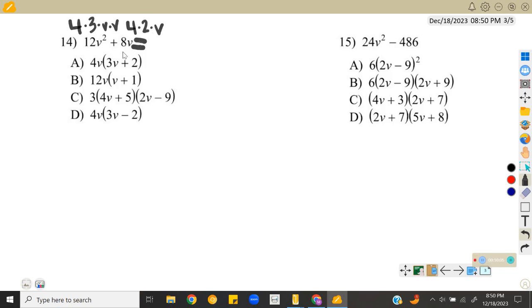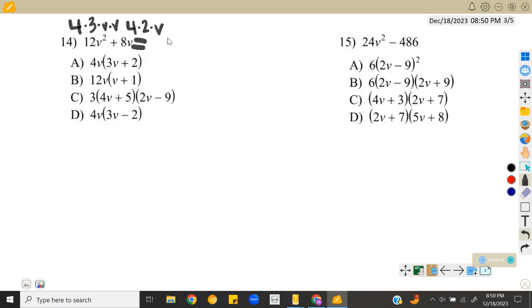So what do they have in common? Both of these have a 4. That's why I chose 4 times 3 instead of just 2 times 2 times 3. I saw this one also was a factor of 4. The greatest common factor of these two terms was a 4, but also a v.